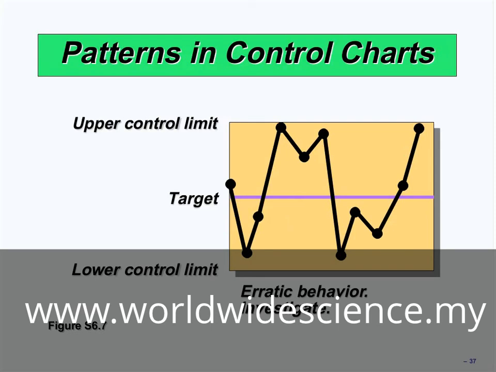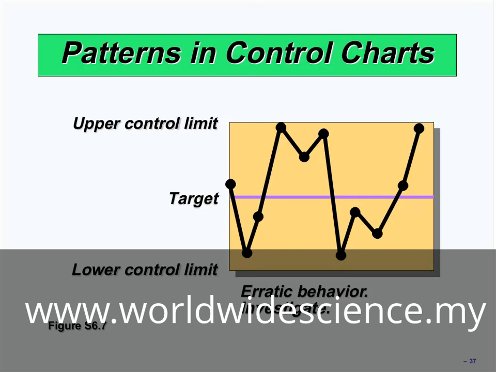This is erratic behavior. At first, some of the spots are very near to the upper control limit. And also there is erratic behavior here. Sometimes it increases and sometimes it decreases. This erratic behavior also makes problems.